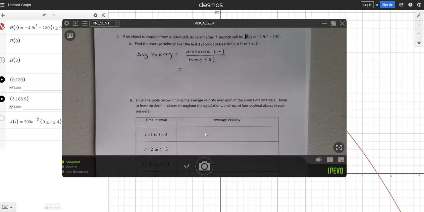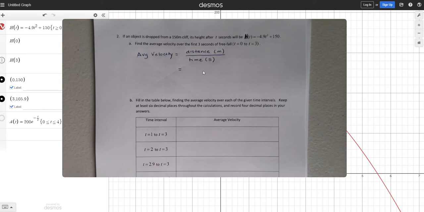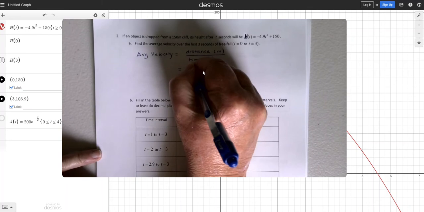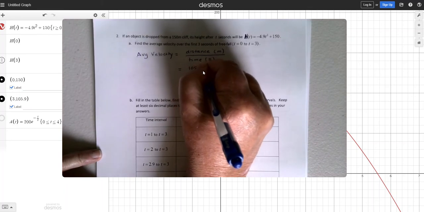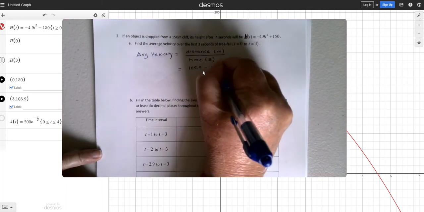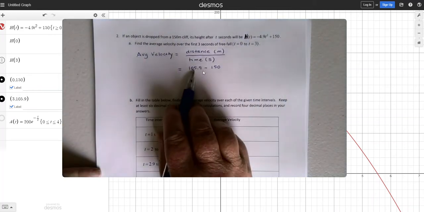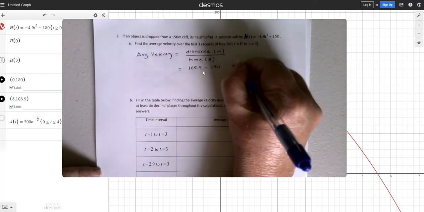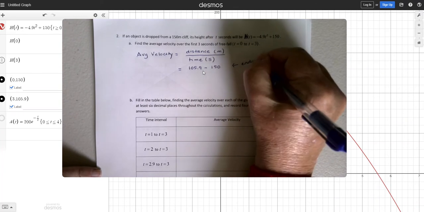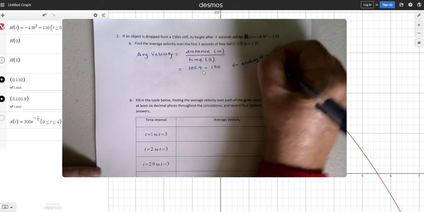So let's do that. My distance then, 105.9 subtract 150. That's the ending height minus the beginning height.